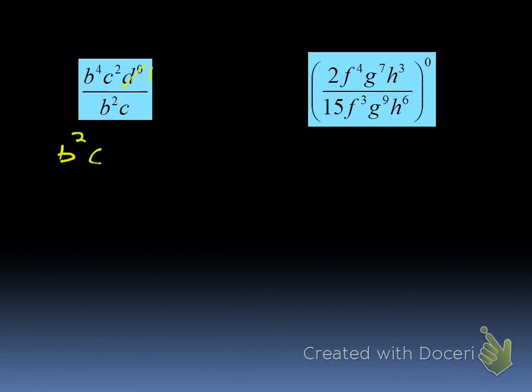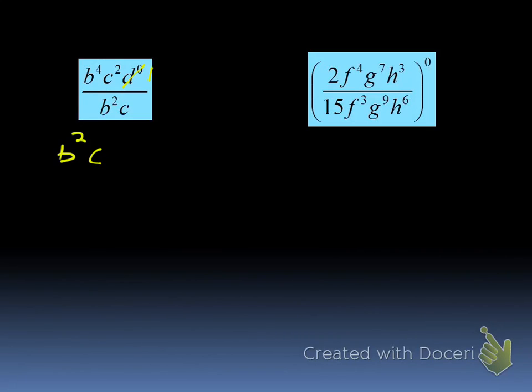Now, that 1 doesn't go away. It's still there. But what operation is going on between the b squared, the c, and this 1? Multiplication. And 1 times this is just going to be b squared c. So you don't need to write the 1s here.